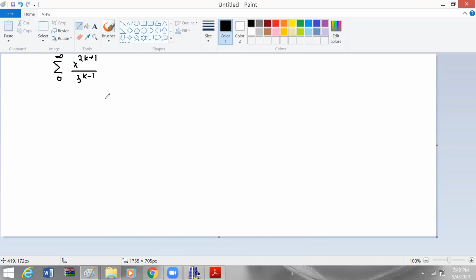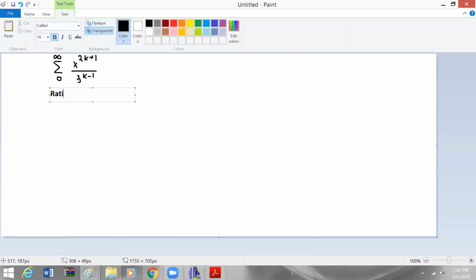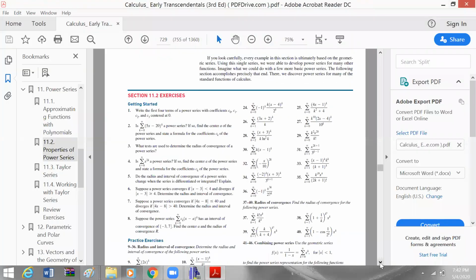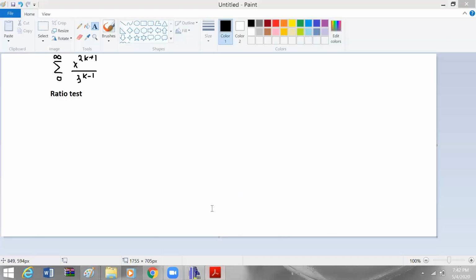If we can write that power series as a whole, that would be very straightforward. If we cannot do so, then we're going to use the ratio test. This is what the question is asking: find the radius of convergence.